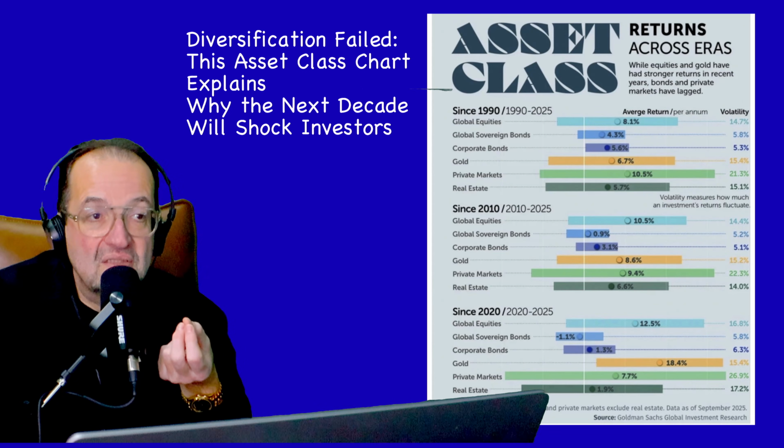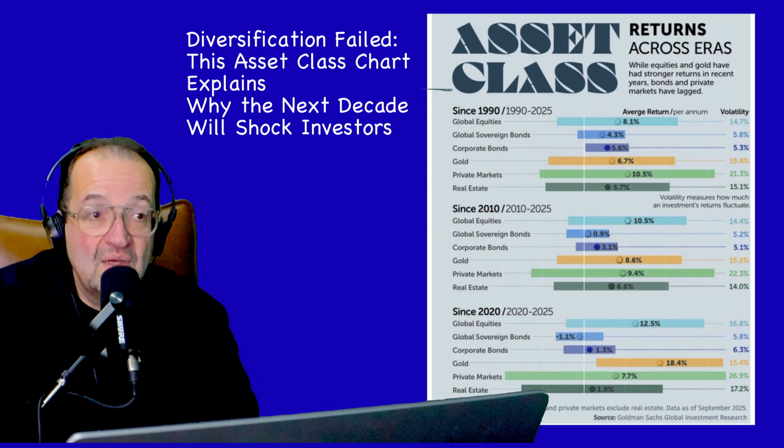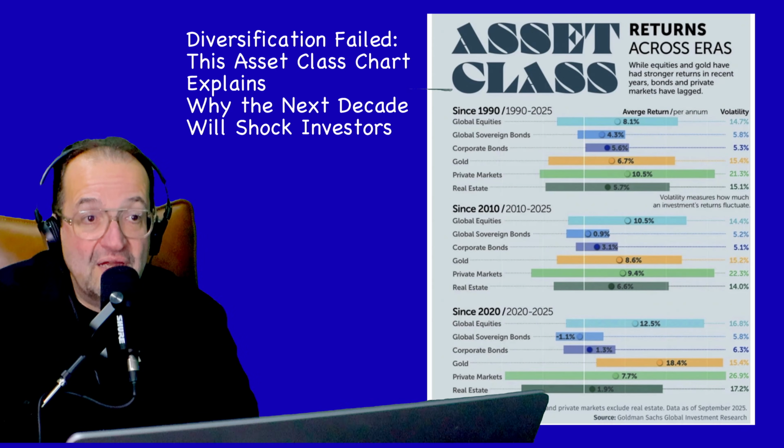Corporate bonds, credit delivered equity-like returns with 5.6%, with bond-like risk at 5.3%, because defaults were suppressed by growth and central banks from 1990 to 2025. And gold kind of did its job at 6.7% return. No cash flow, no growth, pure monetary hedge, but the volatility was quite high at 15%.